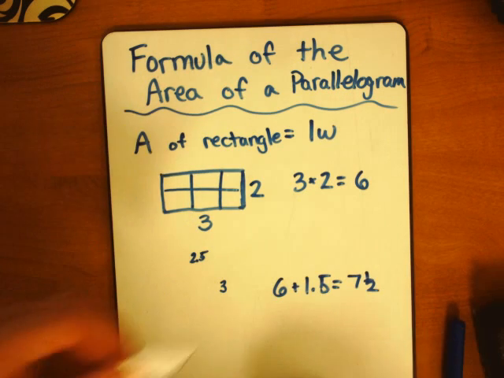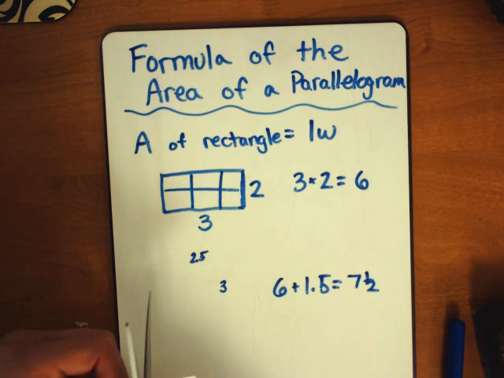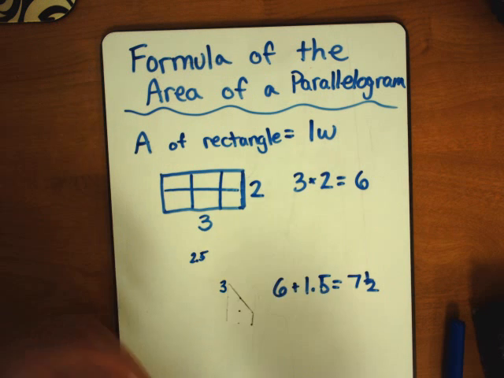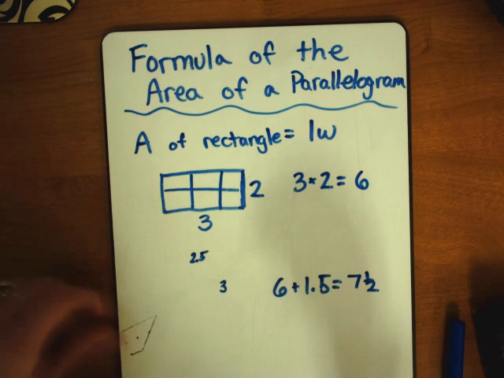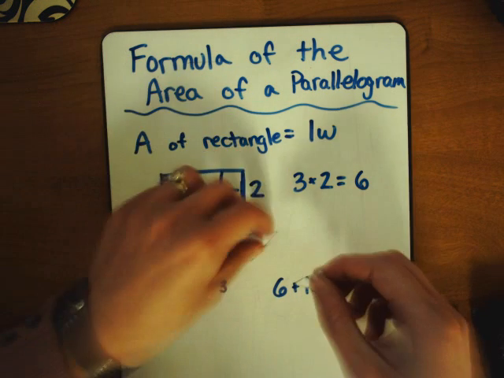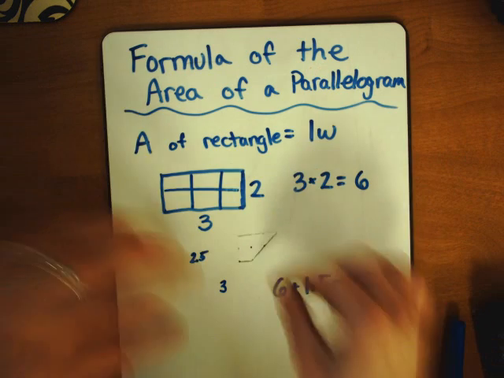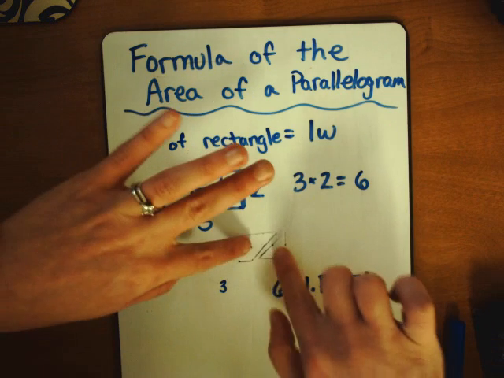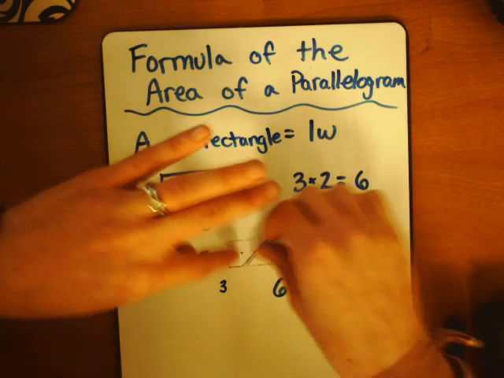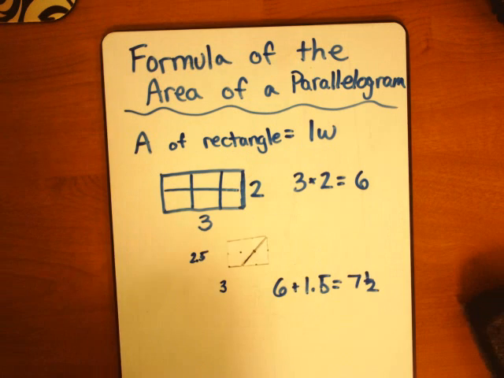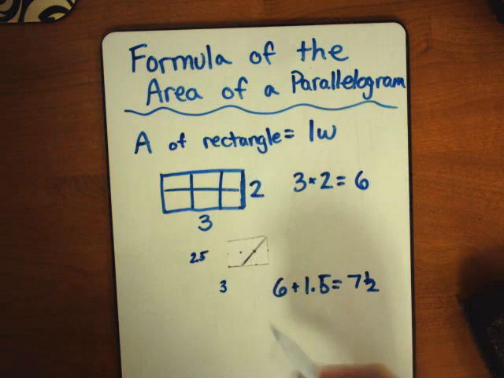So when I cut this, I'm not changing the amount of area, I'm not changing the space, I just cut it and I'm replacing it. And when I do that, then I've got a rectangle again.